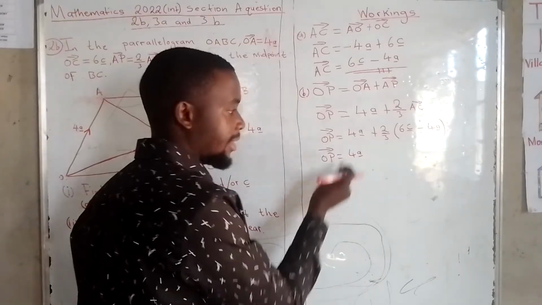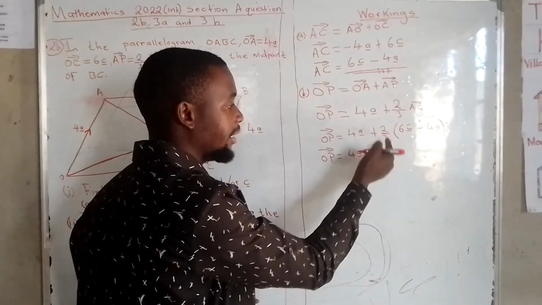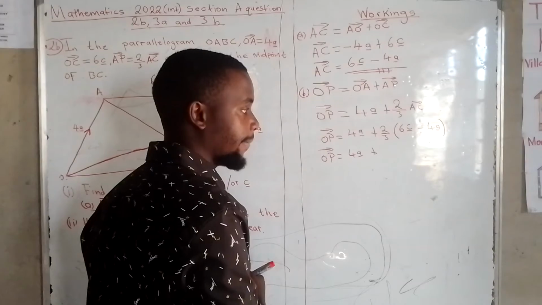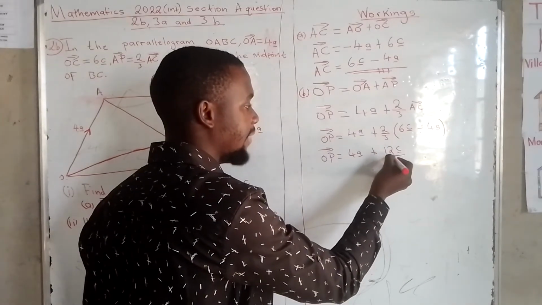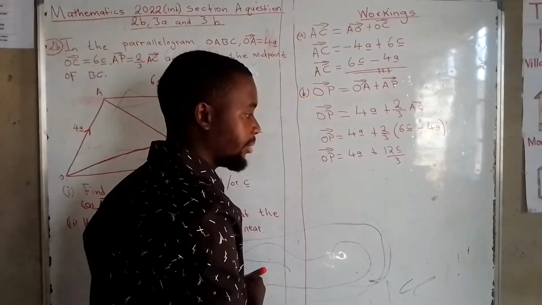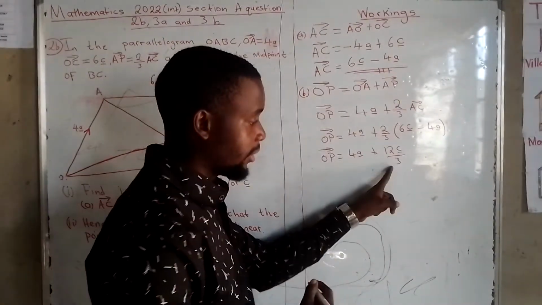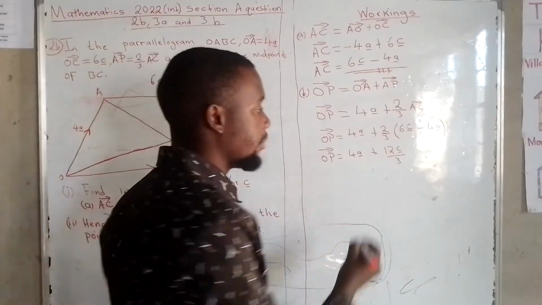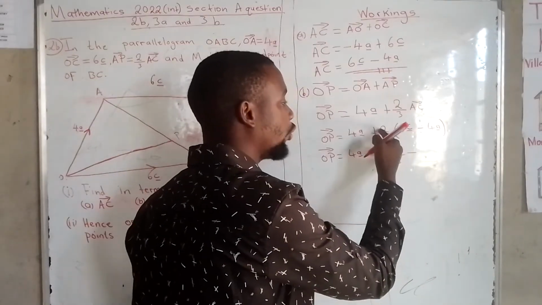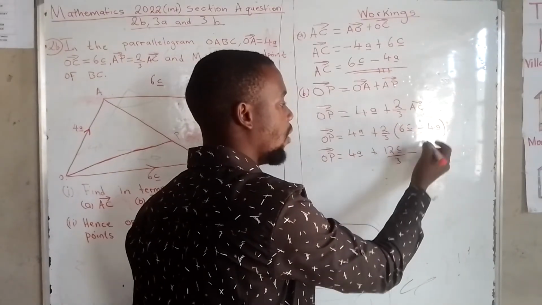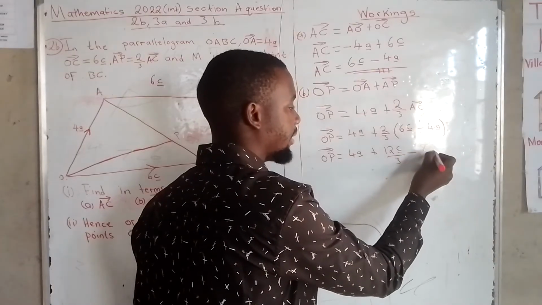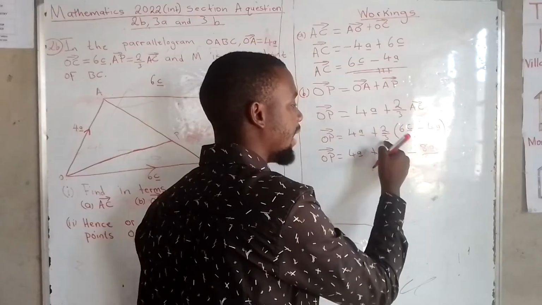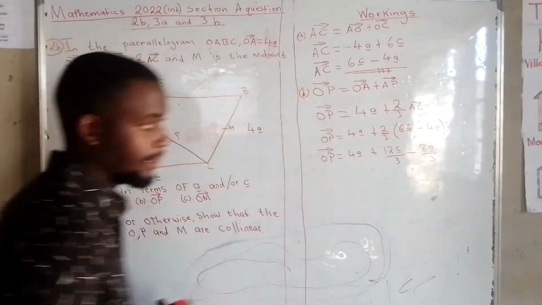You say plus 2 by 6, that is 12 vector C divided by 3. Then we say minus 2 by 4, which is 8. So we say 8 vector A divided by 3.